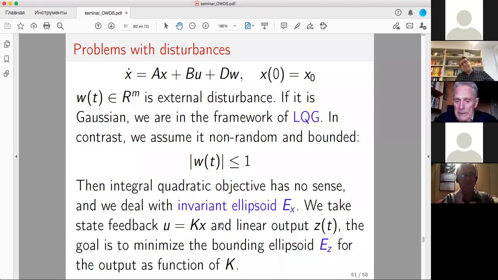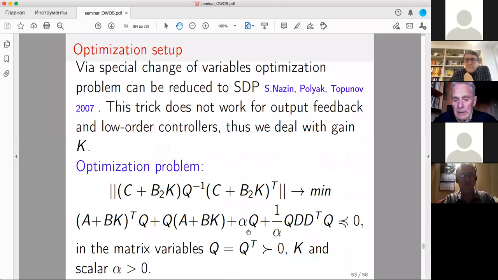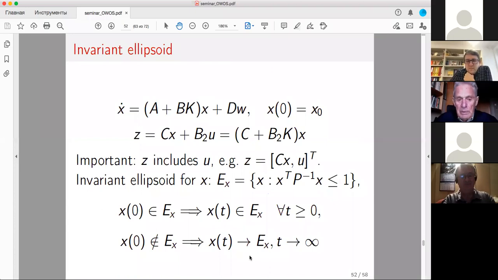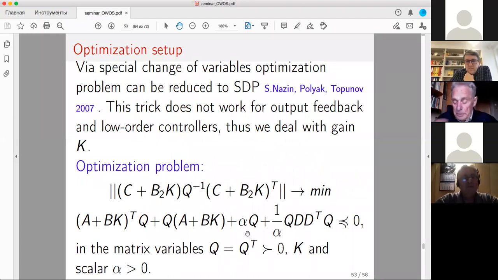Then again, by the technique of invariant ellipsoid, we want all the perturbed states to remain in an ellipsoid and so on. We arrived at the following optimization problem.